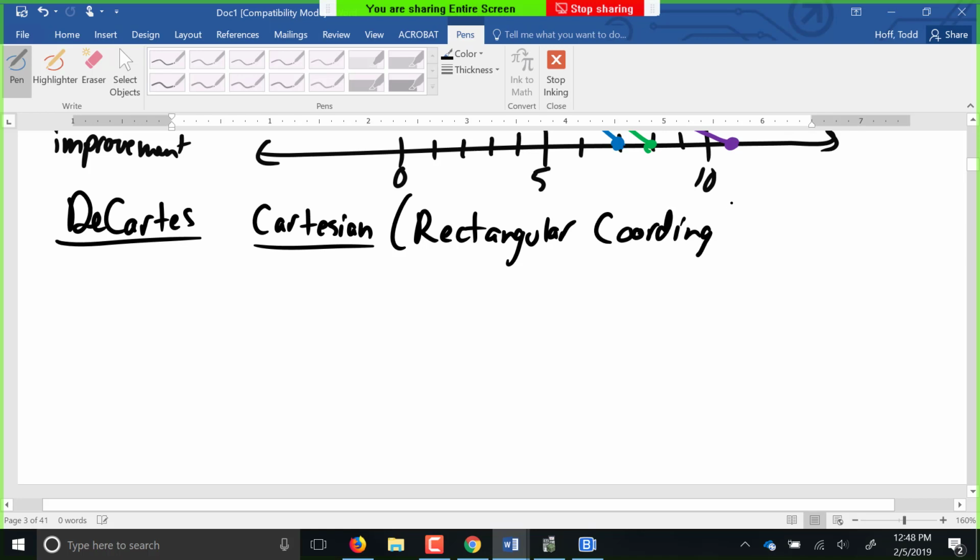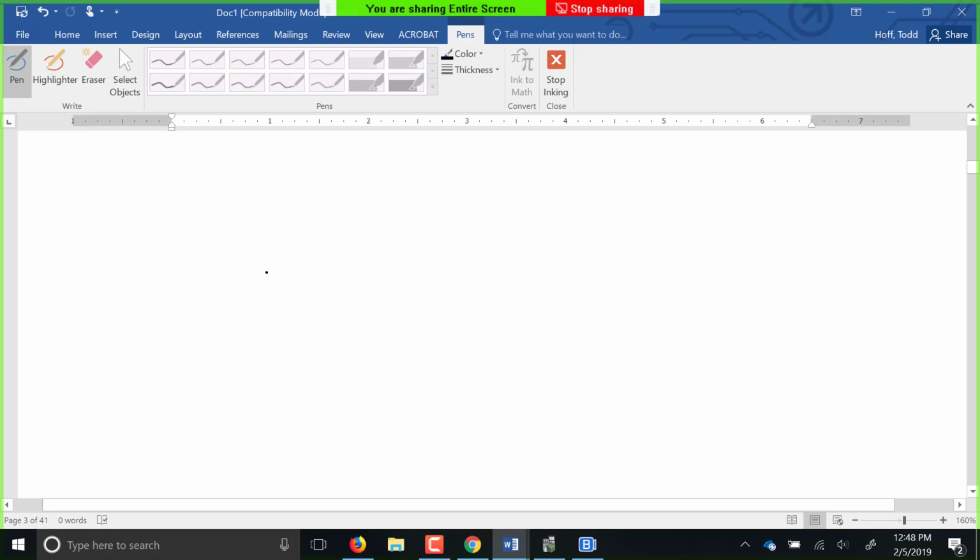And the way it works is what Descartes proposed was that we still use that number line like we always did. 0 somewhere in there, we're numbering positive to the right, negative to the left. And we treat that as our first value.